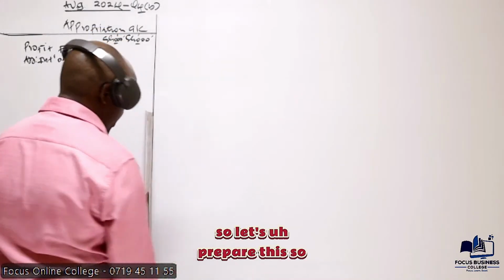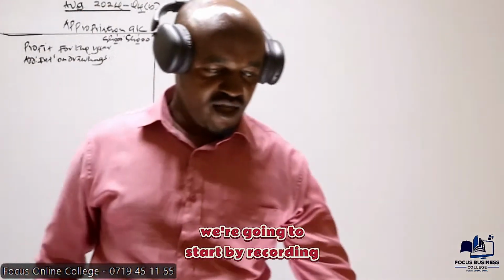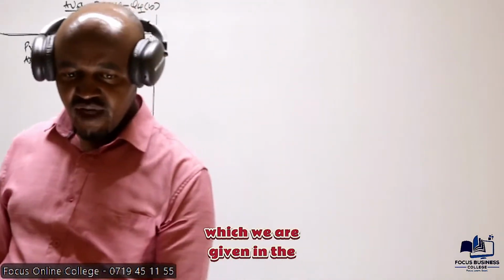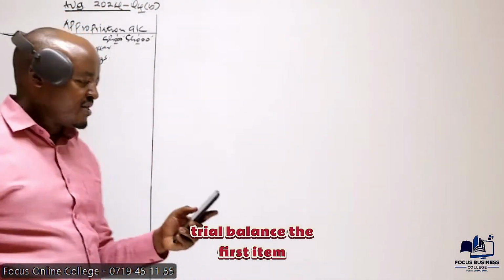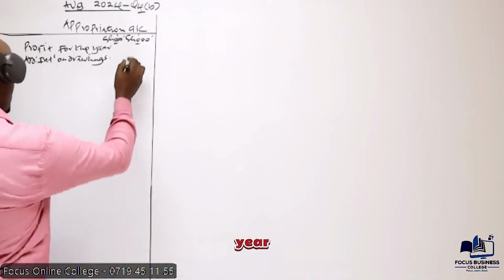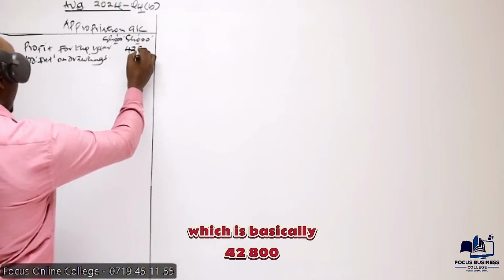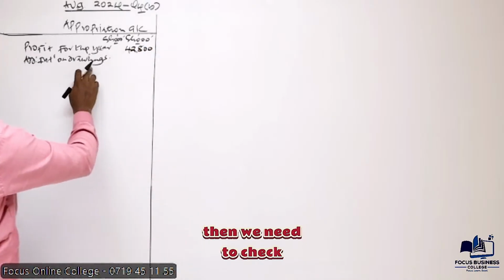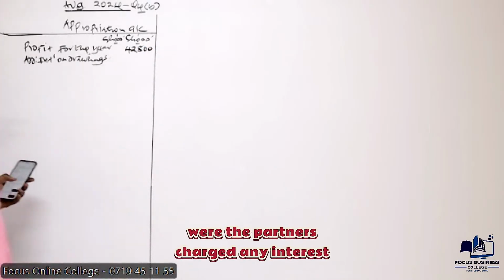So we're going to start by recording the profit for the year, which we are given in the trial balance, the first item. The first item in the trial balance is the net profit for the year, which is basically 42,800. Then we need to check whether the partners were charged any interest.